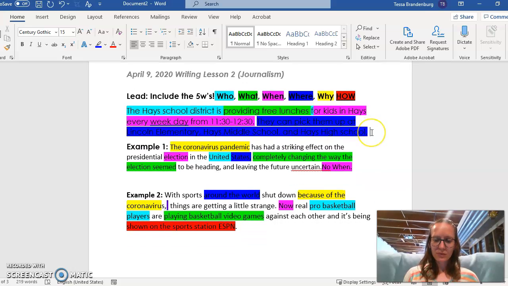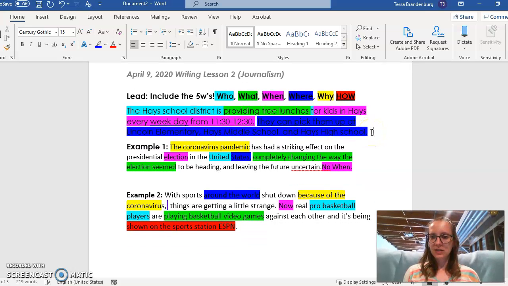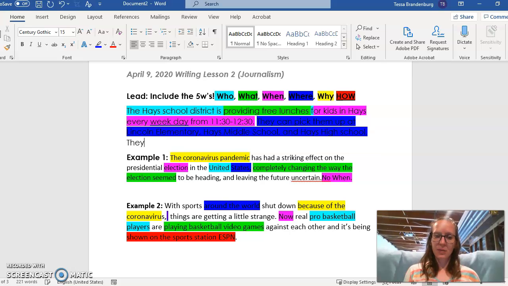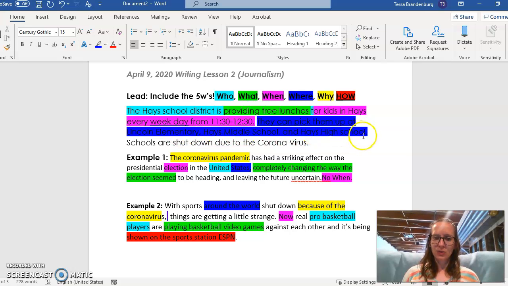Okay? So I'm going to use a sentence. I'm going to say schools are shut down due to the coronavirus. So if I just wrote that, they can pick them up at Lincoln Elementary, Hays Middle School, and Hays High School.